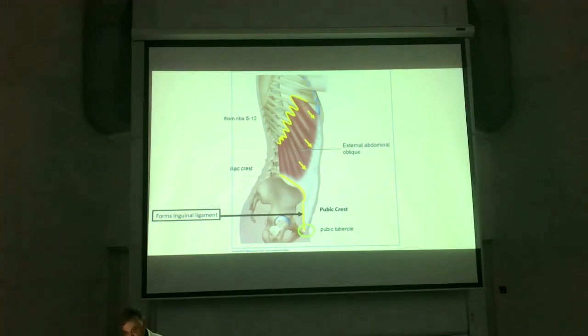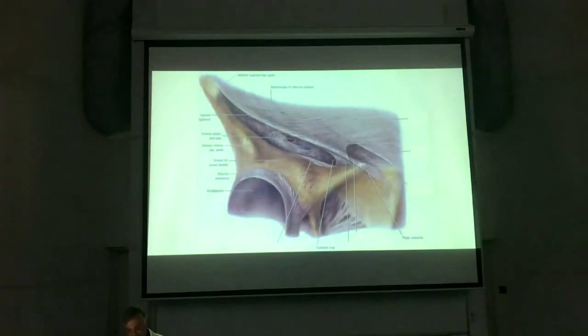This is where it becomes aponeurotic. It attaches to the xiphoid process and linea alba. The lower end of the external oblique will turn inward, making the inguinal ligament.